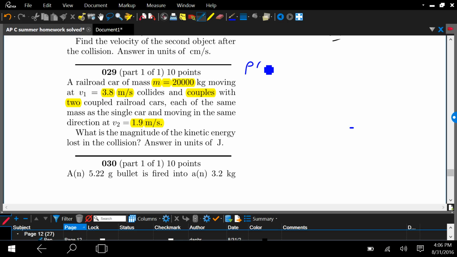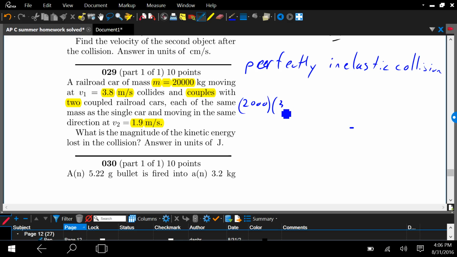This kind of collision also has a name. It's usually called a perfectly, or a completely inelastic collision. And in this kind of collision, again, we'll take the 2,000 kilograms, I'm leaving off units for space here, times the 3.8, plus I'll add it to two more cars, which have a mass of 4,000 times their speed of 1.9.